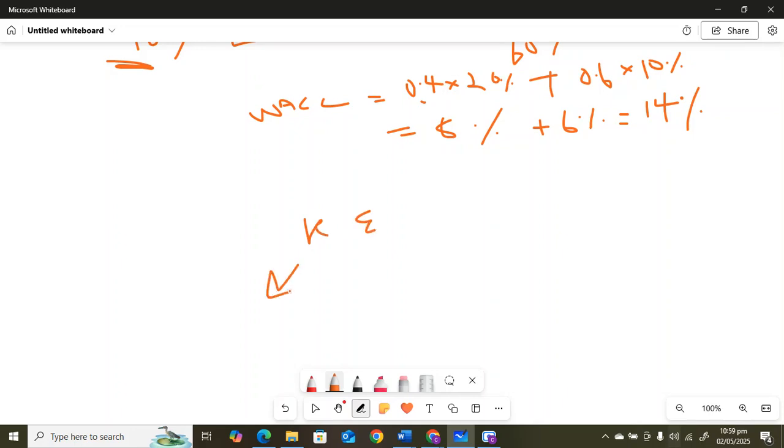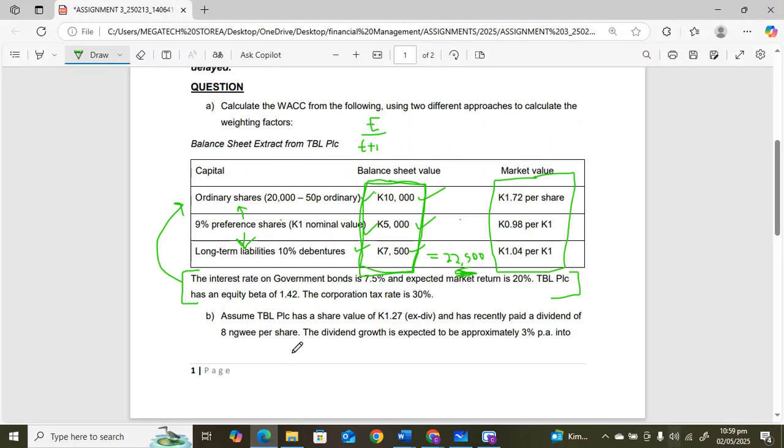Here, this information is for calculating cost of equity.